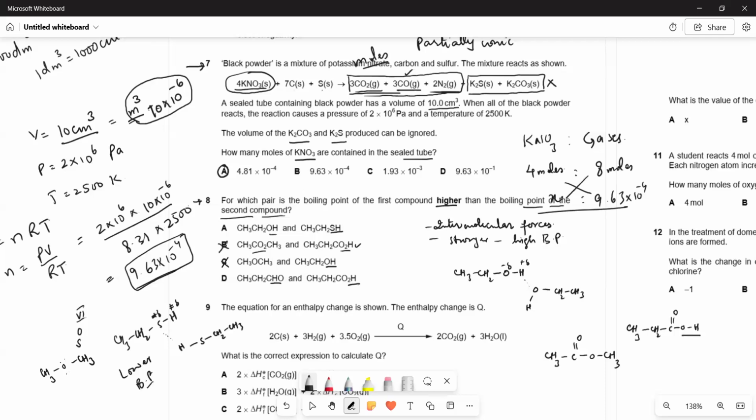The aldehyde also has the group C double bond O and H, so no hydrogen bonding. Here it can make hydrogen bonding because of the OH group, so higher boiling point than the first one. So option A is correct, right?